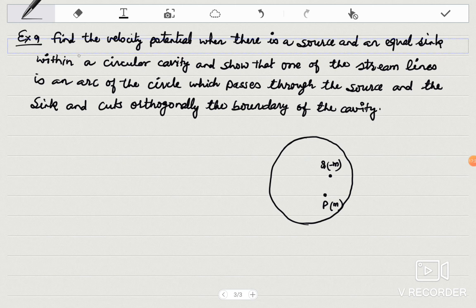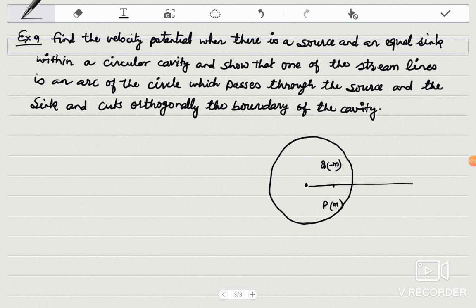Now the question says, find the velocity potential when there is a source and an equal sink within a circular cavity. So our image system says that I should take this P in the line of the center. Suppose this is the center.